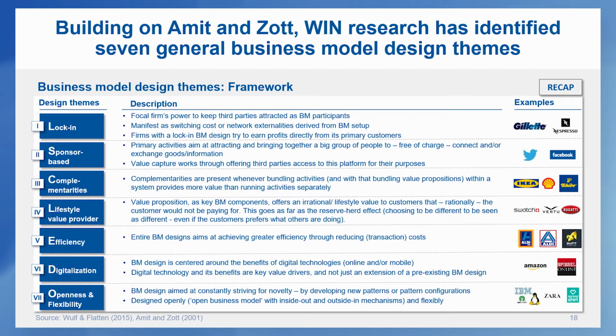And building on Amit and Zott, who had great articles on design themes, we also did our own research and identified those 7 general business model design themes, which you can see on the left side, and we also already introduced them, starting with lock-in and then sponsor base, complementarities, and so on.